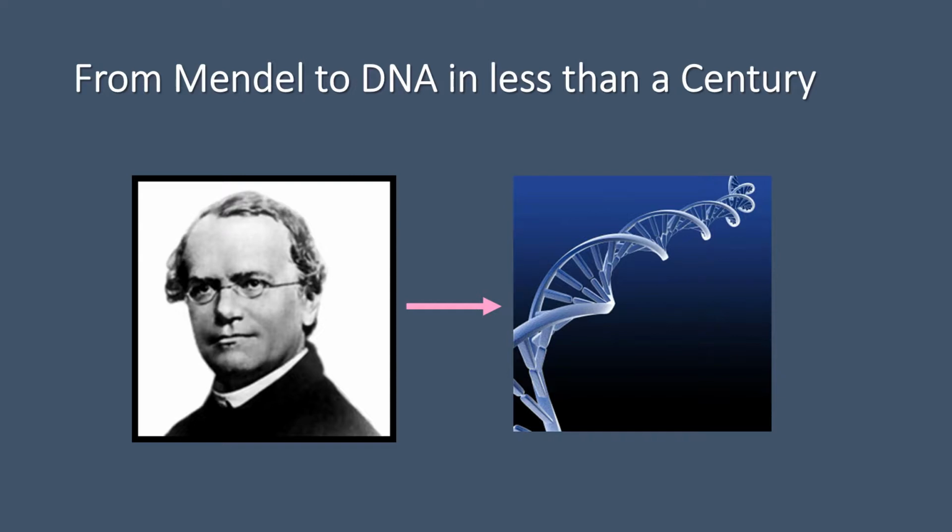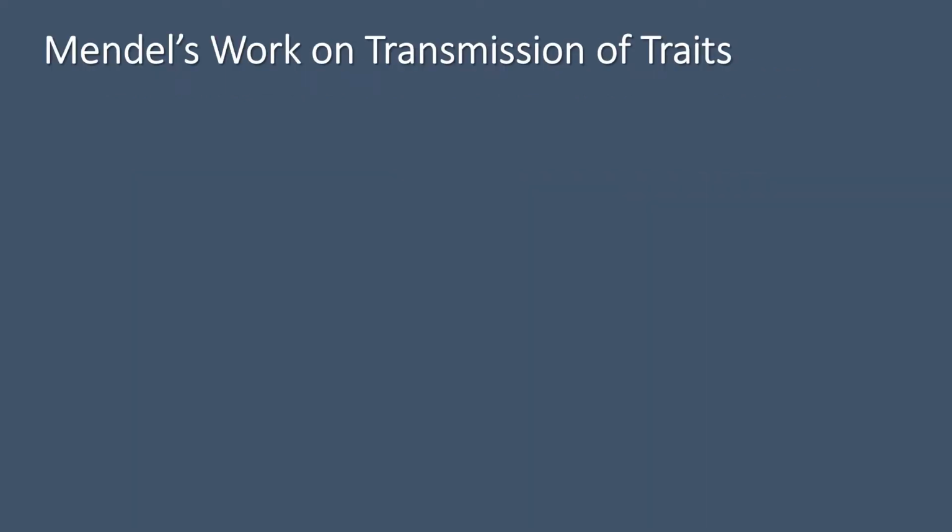But it didn't take long, really, if you look at it from a timeline, for us to figure out what DNA was, what our genomic material was, what that whole thing is all about, and where we are today from the time that we've even discovered DNA. It's just amazing.